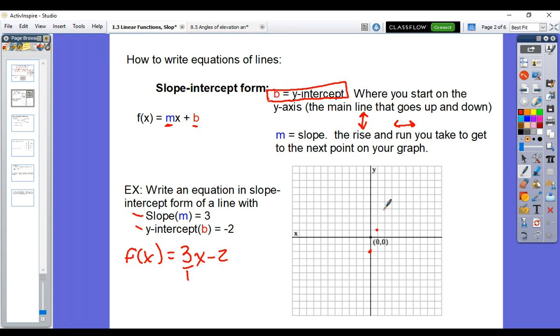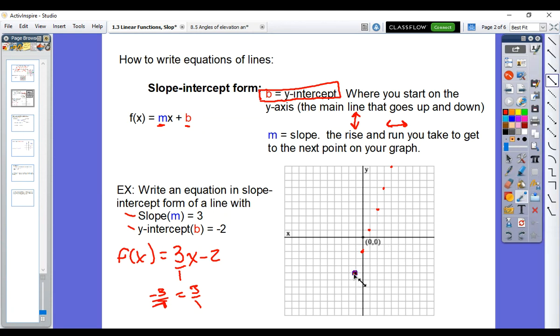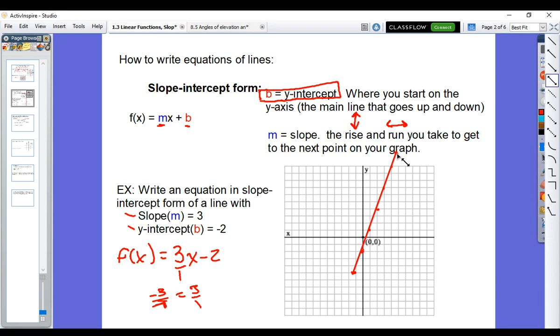You can also go backwards, -3, as long as you do -1, because -3 over -1 has the same value as +3 over 1. And then we just play a little game of connect the dots from here up to there. That's it.